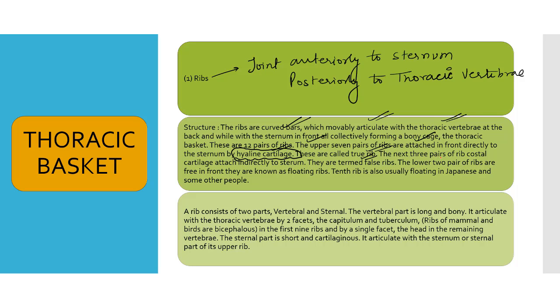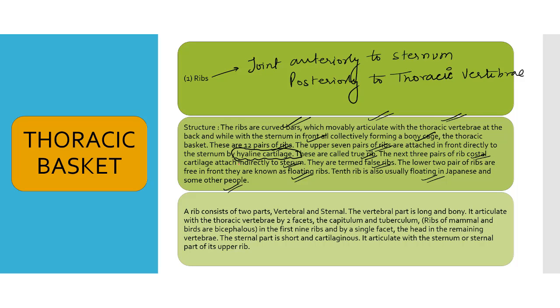The next 3 pairs of ribs have costal cartilage attached indirectly to the sternum. They are called false ribs. The lower 2 pairs of ribs are free in front. They are known as what? Floating ribs. The 10th rib is also usually floating in Japanese and some other people.